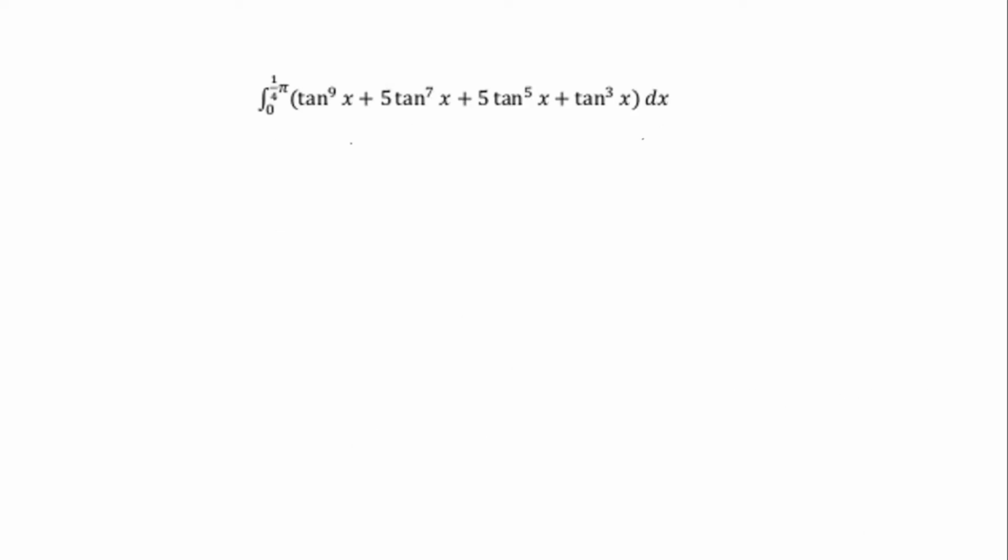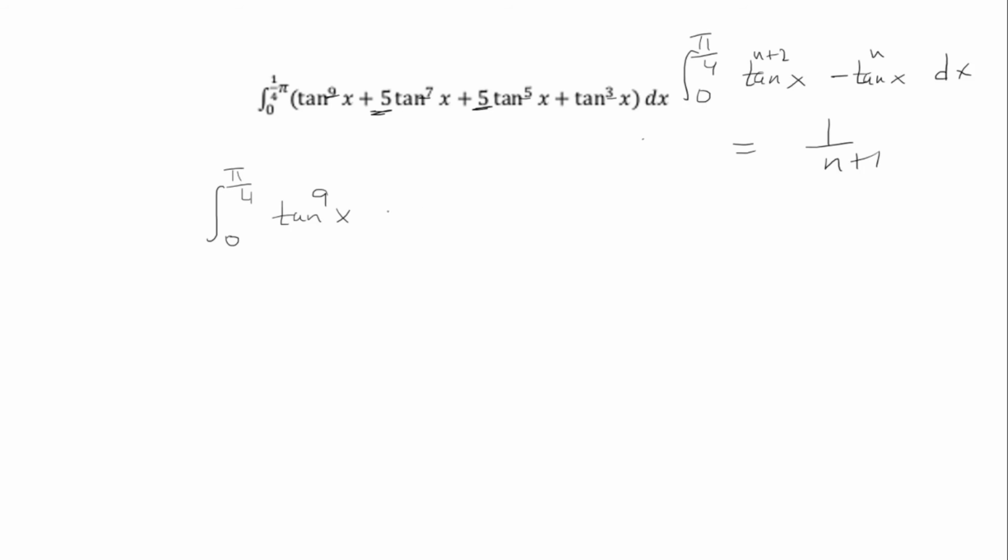Look at this problem. So the nice thing is that the exponents are 2 away from each other. Okay? Because recall, if we go from 0 to pi over 4, tangent of x to the n plus 2 plus tangent of x to the n, this was equal to 1 over n plus 1. Now the problem is, though, we have these coefficients of 5. So it doesn't work out as nicely as we want. So in order to go around that, I'm first going to include only the ones with the coefficient of 1.